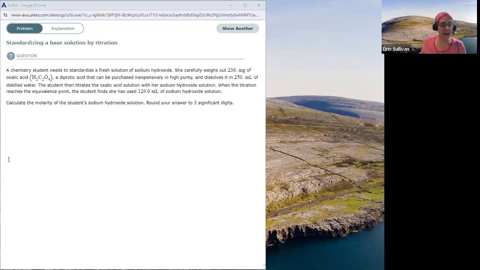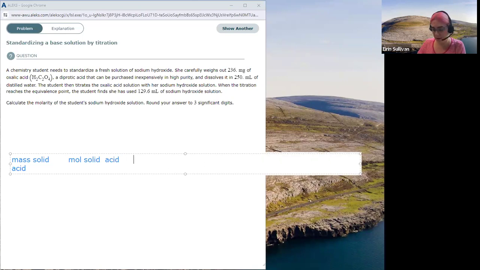So our basic plan is that we're going to take the mass of our acid, which is our solid, okay? I should put solid acid, I guess. And then we're going to use the molar mass to get to our moles of solid acid. And then we'll use our mole ratio from our balanced chemical equation to get to our moles of our base.